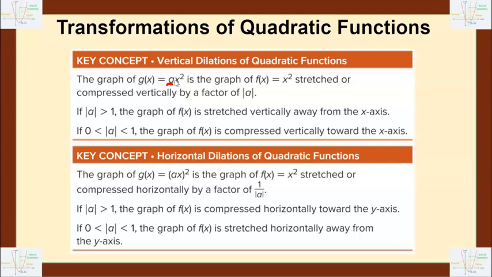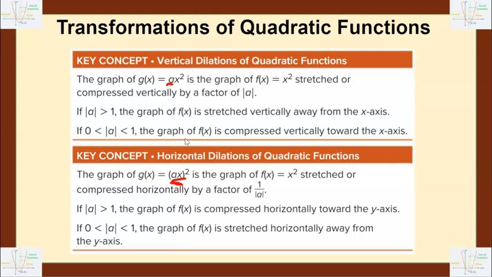Now, if the A is on the inside of the parentheses, such as here, (AX)², you take the absolute value of A. Since that's on the inside of the parentheses, it's a horizontal dilation. Now you have to think the opposite of the vertical.